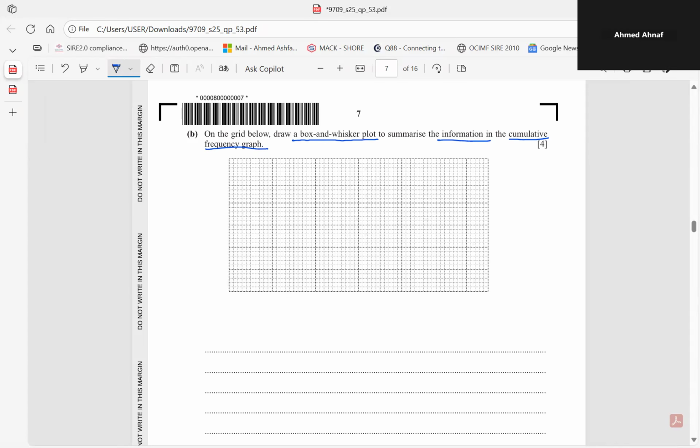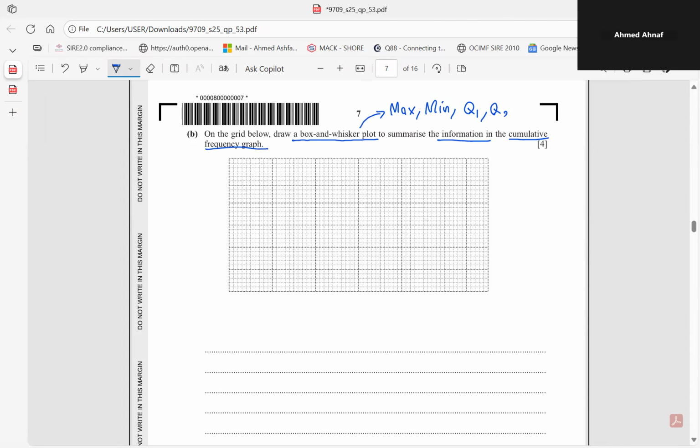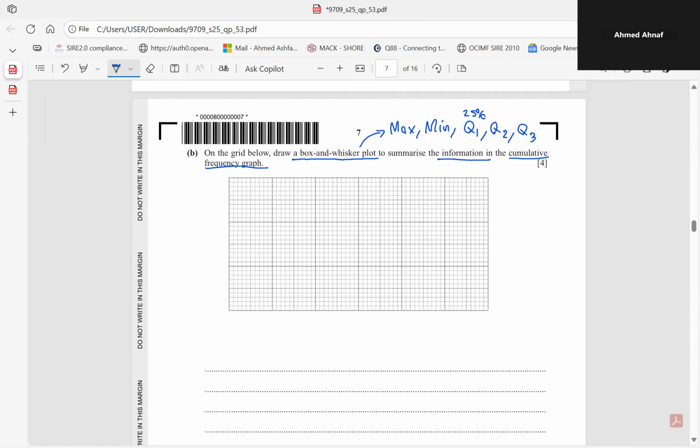In order to draw a box and whisker plot, you have to know your maximum and your minimum value, as well as your Q1, which is your 25th percentile, Q2, which is also known as your median, and your Q3, which is your 75th percentile.